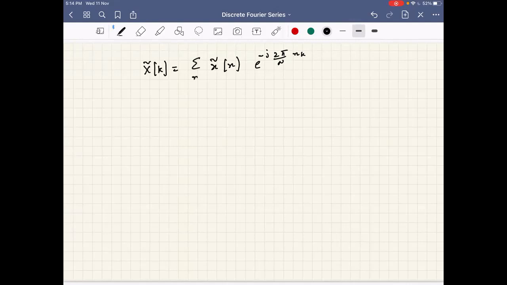This can also be considered as correlation with discrete complex exponential basis functions of different frequency, right?